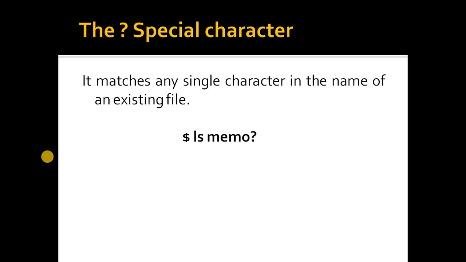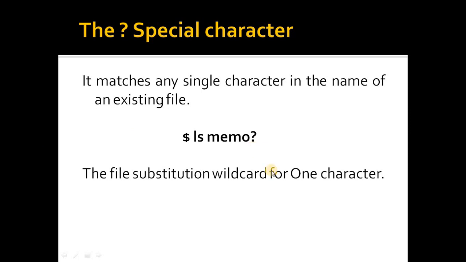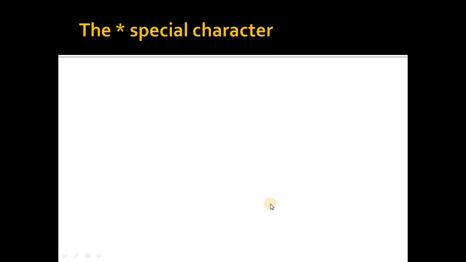The shell expands the memo? argument and generates a list of files in the working directory that have names composed of memo followed by any single character. Okay, so this question mark will be substituted by only one character. It can be a special character, it can be a number, it can be an alphabet. So this question mark can substitute one character.